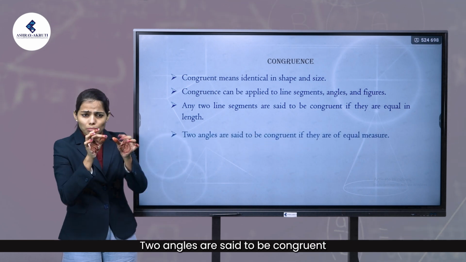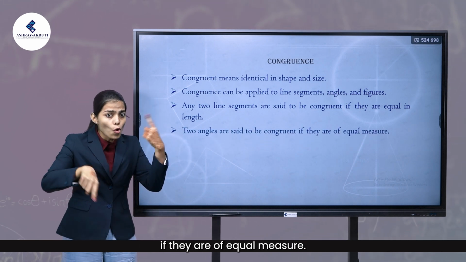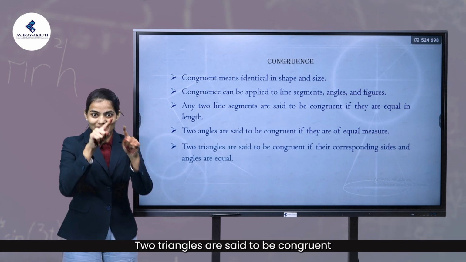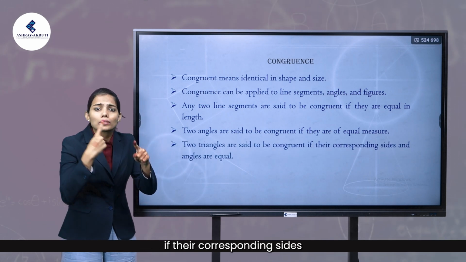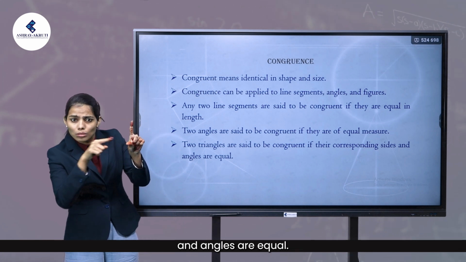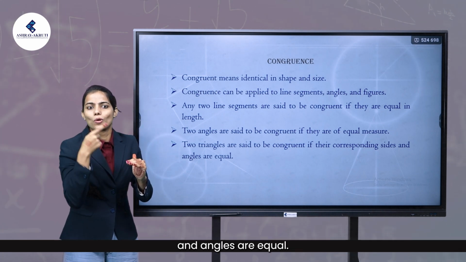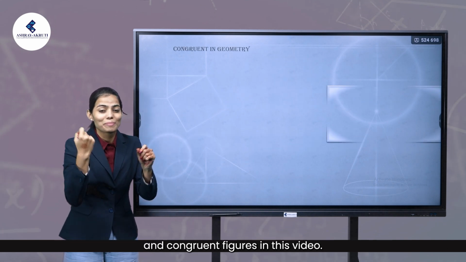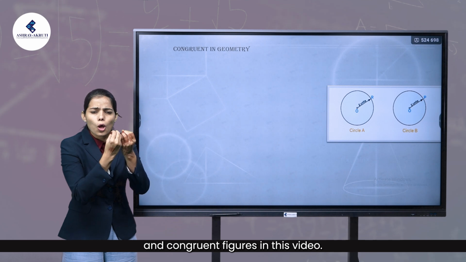Two angles are said to be congruent if they are of equal measure. Two triangles are said to be congruent if their corresponding sides and angles are equal. Let us learn more about congruence and congruent figures in this video.